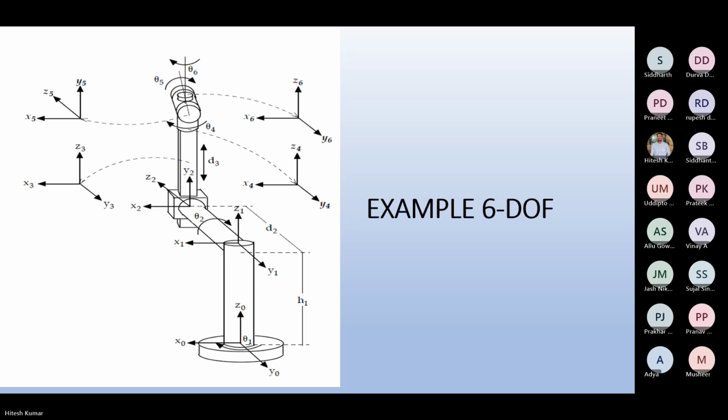Can you repeat the question? Z1 and Z2 are perpendicular, but the rest of them seem to be in the same direction. So what's special about Z2? Z5 also.